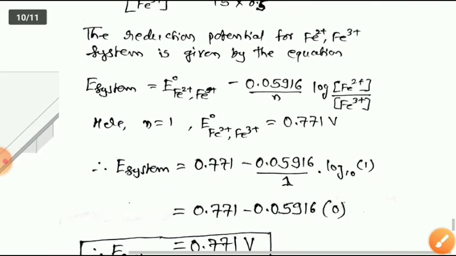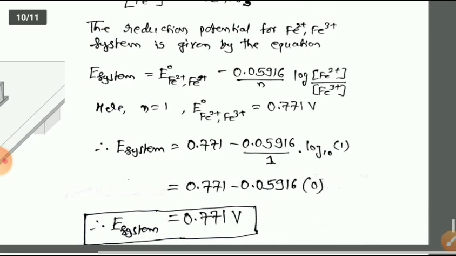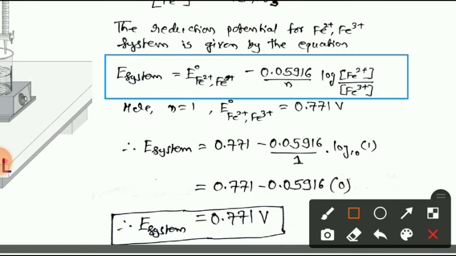After calculating this, we have to calculate the reduction potential for the system, which is given by the Nernst equation, that is E system equal to E0 minus 0.05916 divided by n into log of Fe2+ upon Fe3+.